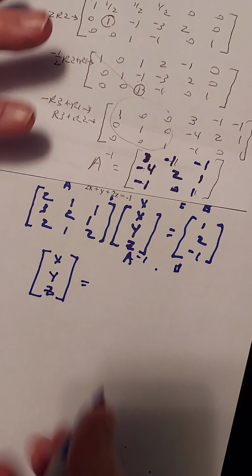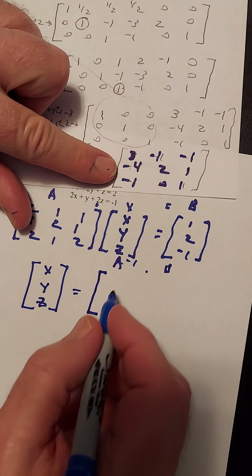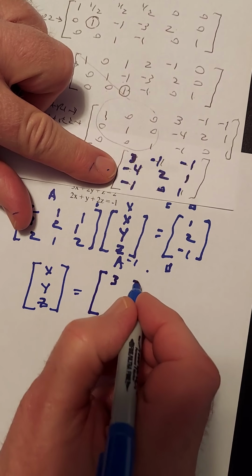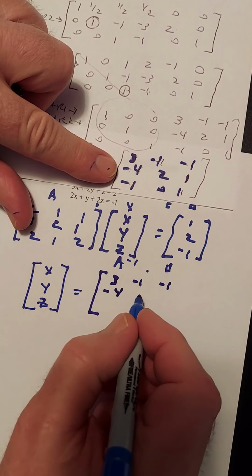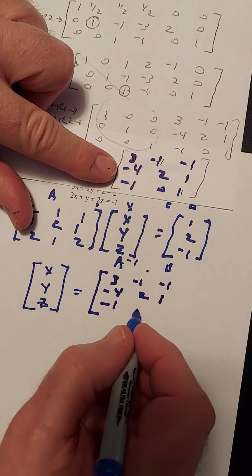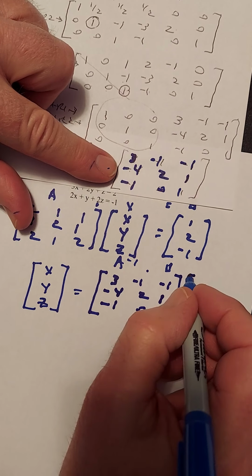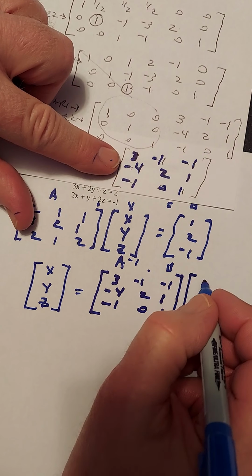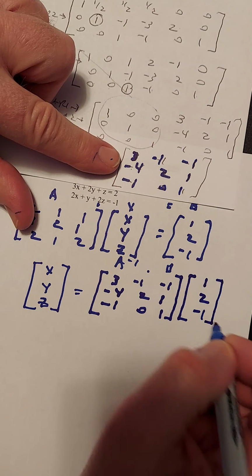All I'm going to do is copy it right here, times matrix B, which is 1, 2, negative 1.